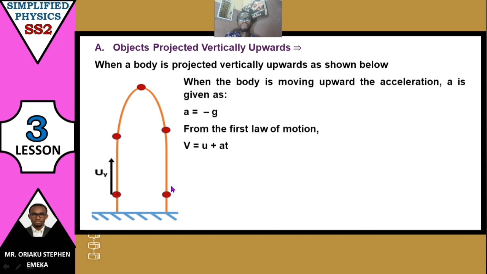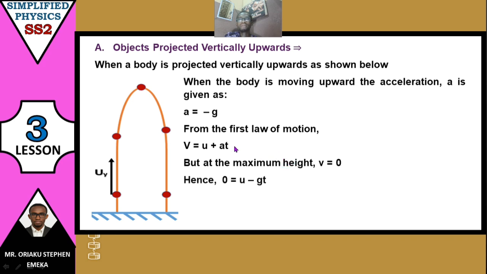For the first law of motion, v is equal to u plus at. Most times I prefer students trying to derive these formulas afresh so that it will help them not to be confused. If they ask us to find the time to get to the maximum height, you know that at the maximum height, the vertical velocity is zero.